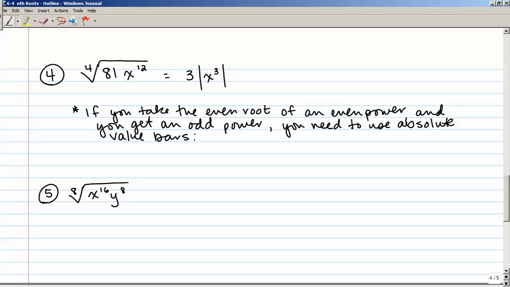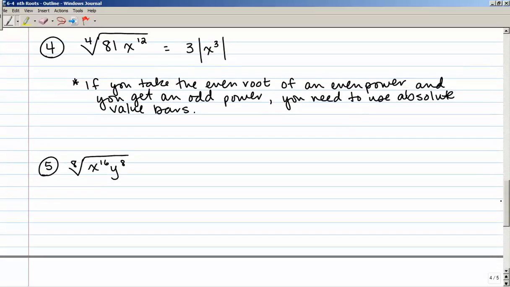Okay, so even root of an even power, get an odd, use the bars. Even, odd, bars.